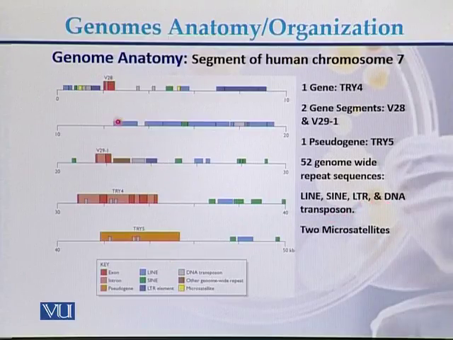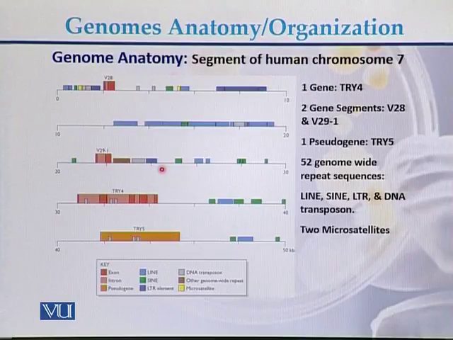These are the LINEs. We can see SINEs in green color, which are also repeated DNA sequences, and we can also see LTR regions present in the same segment of human chromosome 7.